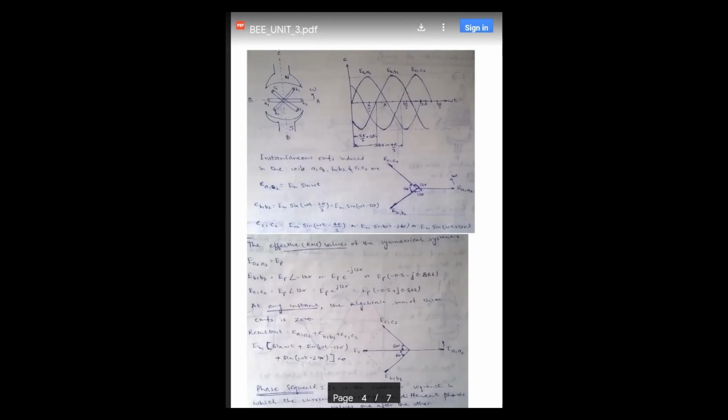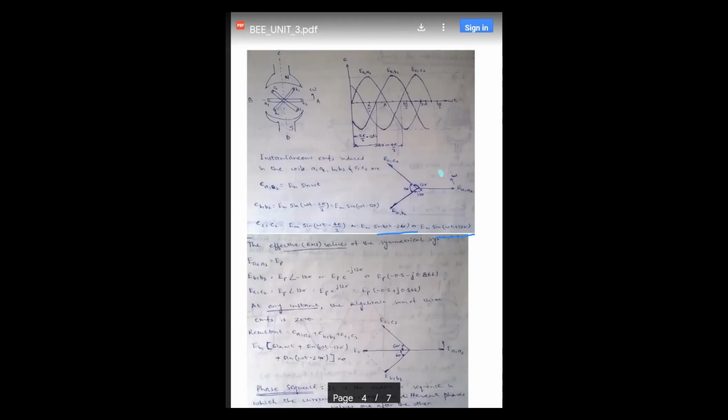So we can say if one is Em sin omega t, then the other is Em sin(omega t minus 2 pi by 3), or 120 degrees, and the other is minus 240 degrees, or we can say plus 120, it is all the same. Okay, we are talking about this phasor, so we can say that either it is lagging by 120 degrees or leading by 120 degrees. It is all the same.